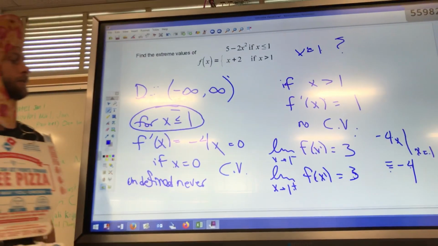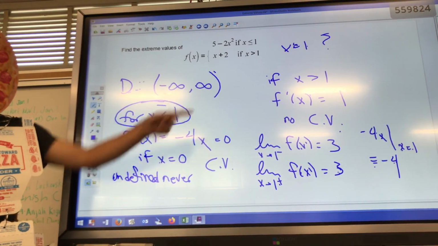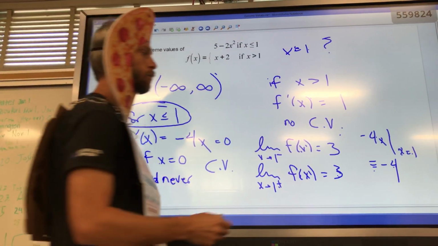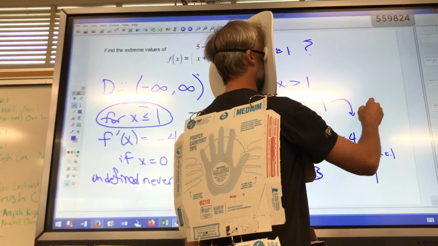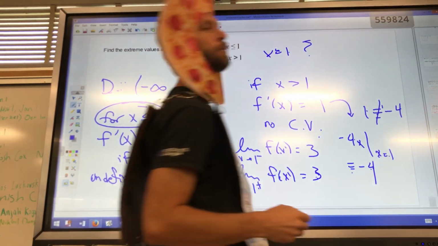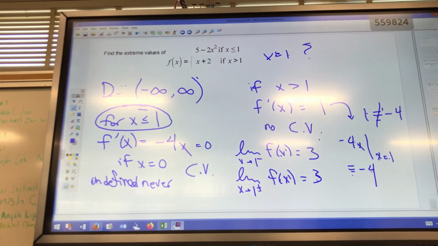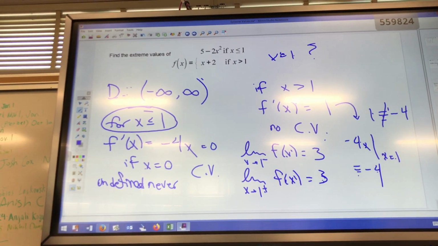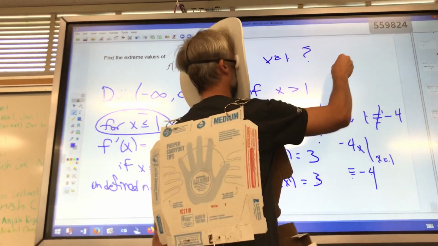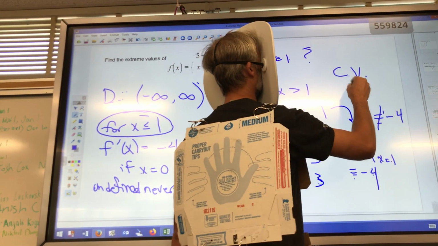And what about the derivative of 1 evaluated at x equals 1? That is 1. So does 1 equal negative 4? No. So our derivative is undefined at x equals 1. Everybody good with that? Yeah. So we also have a critical value at x equals 1.